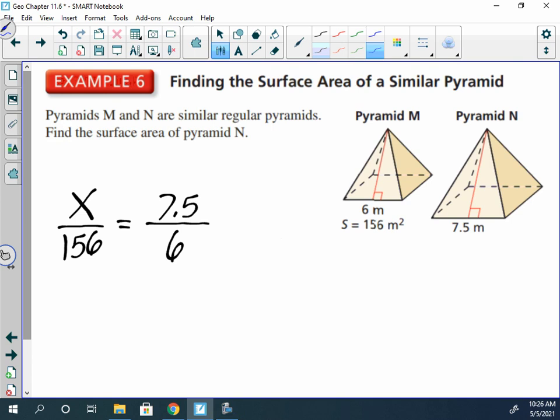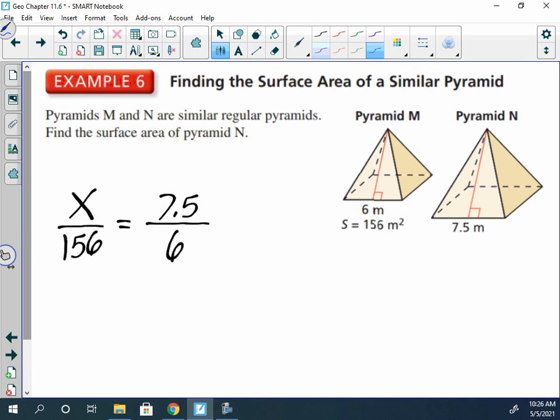There's something we have to do first. Because surface area is always what? Squared, yes? And our lengths are what? To the first, aren't they? They're just a length measure.